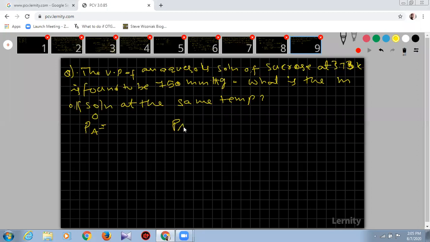The data is supposed to be taken from whatever the problem says. Here the vapor pressure is equal to atmospheric pressure. That's why PA naught is equal to 760 mm. He didn't mention it, but we're supposed to take it like that. Vapor pressure would always be equal to atmospheric pressure here. And PA in the mixture is 750 mm. Now, molality is equal to what here?